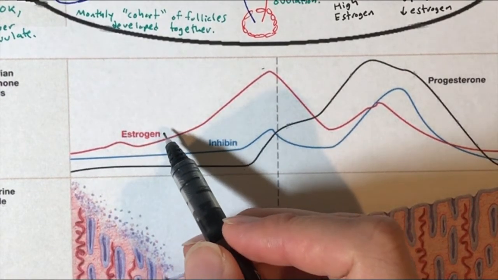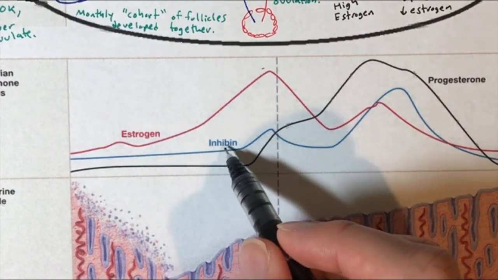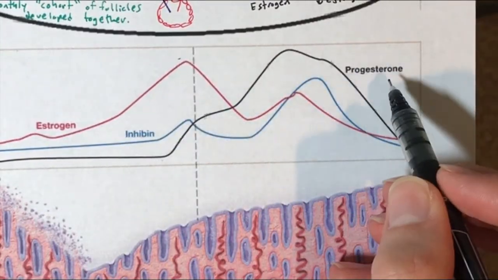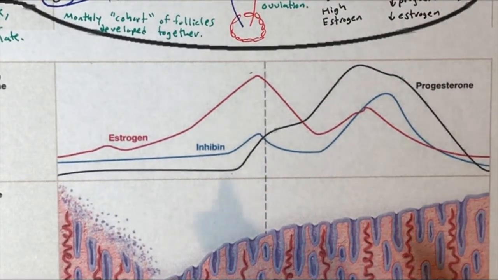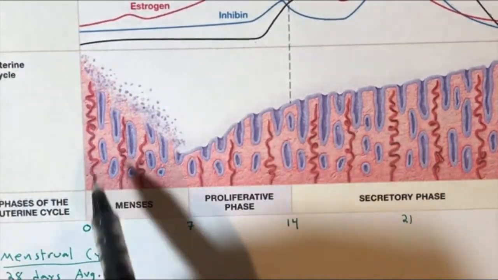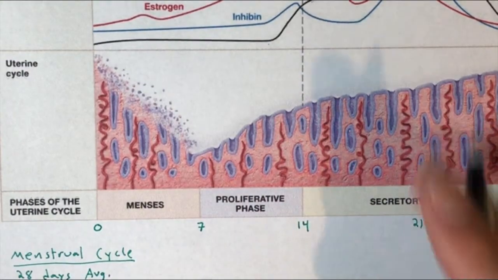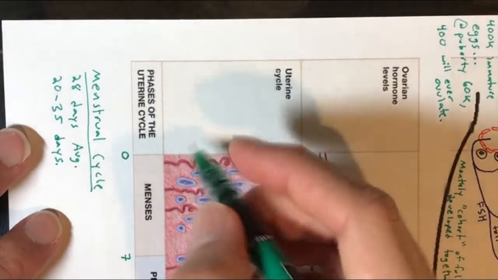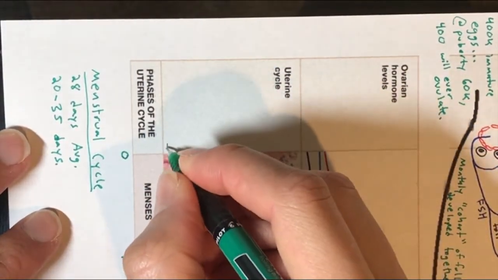We're going to be dealing with estradiol specifically. Then we have inhibin, and we have in black progesterone. And then this graph also has a y-axis, which is the thickness of the endometrium. Let's actually write that here. Endometrium thickness.